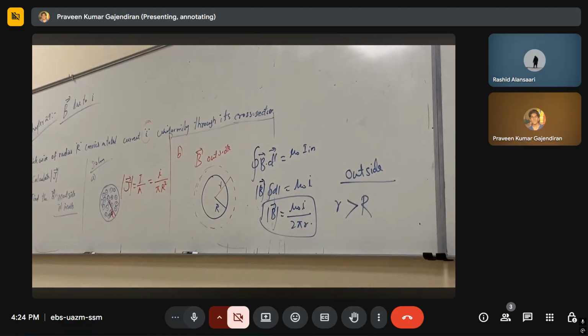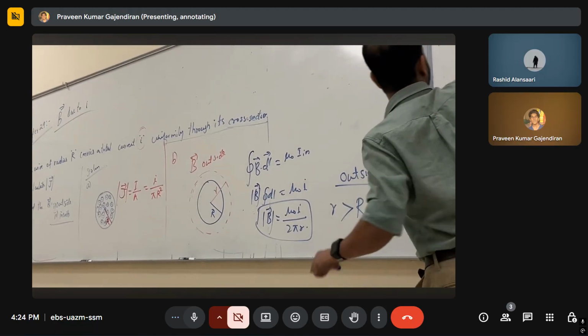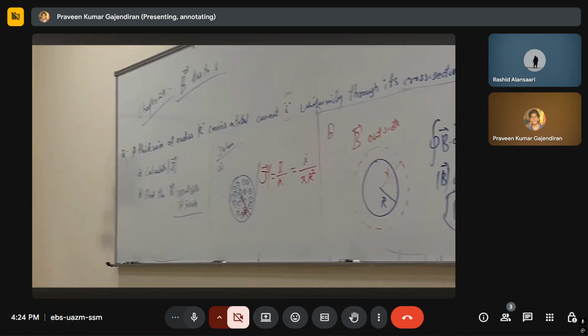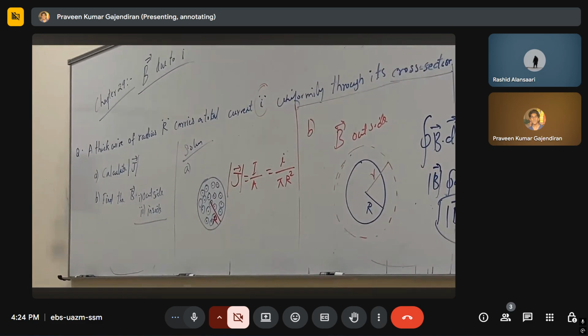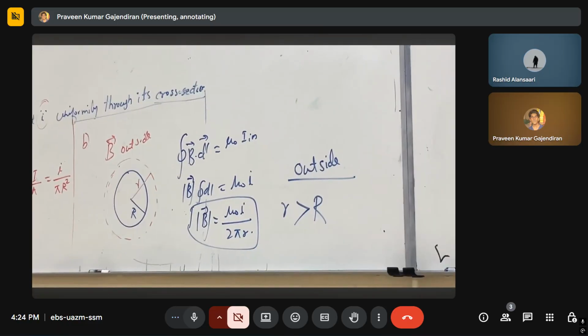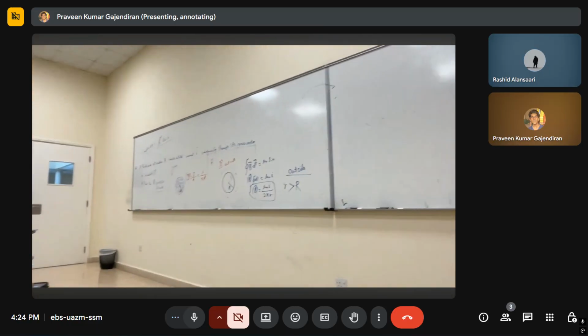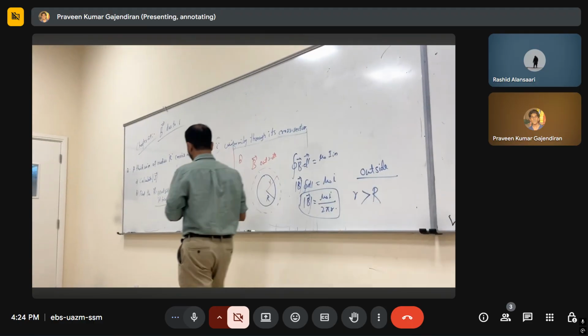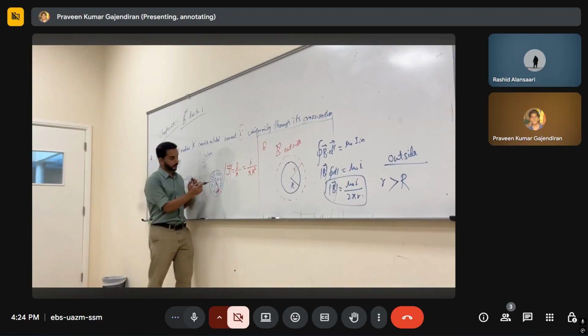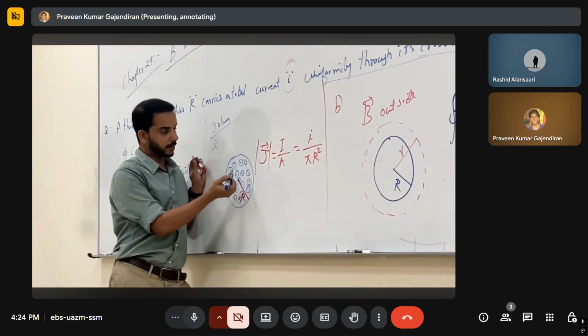Now when it comes to the inside, it's not zero. It's going to be a little bit tricky. That's the reason I asked you about the current density. You have this cross section, and you are having some current.